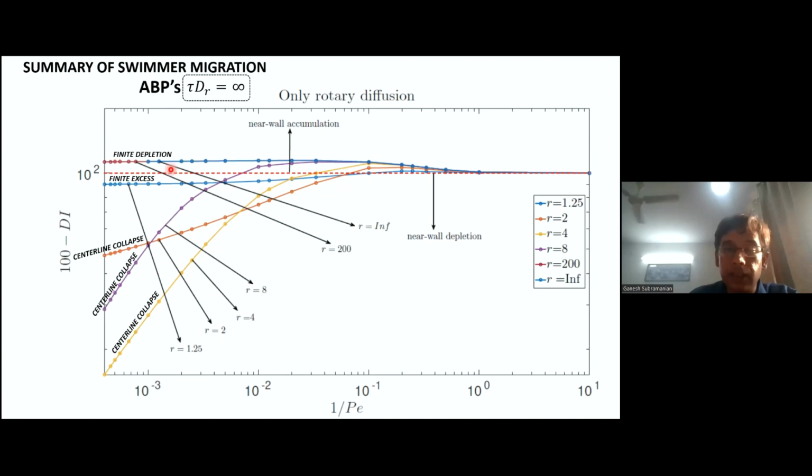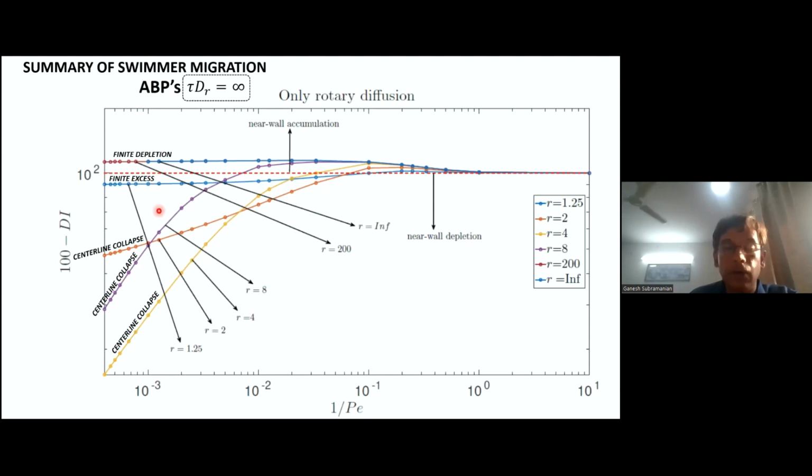But now consider finite aspect ratios. For aspect ratio 1.25, which is less than 2, I have a curve that is, loosely speaking, the mirror image of the original depletion curve for infinite aspect ratio. Again I have a finite integrable concentration profile. It's just an excess profile rather than a depletion profile, because we know that the migration reverses sign with increasing Peclet.